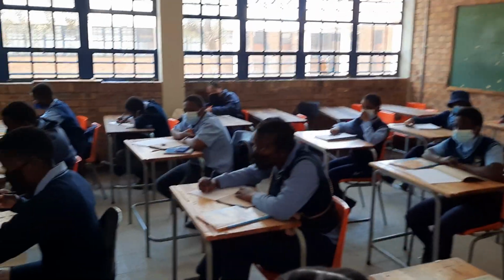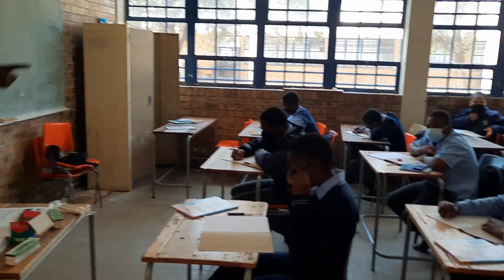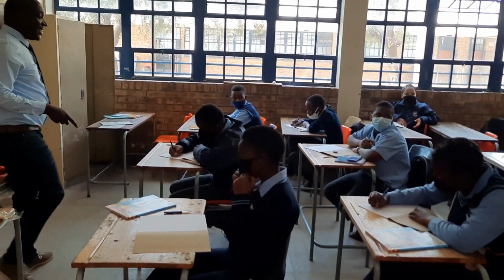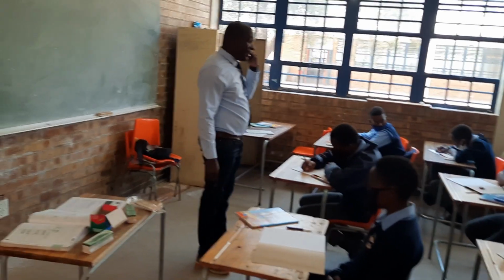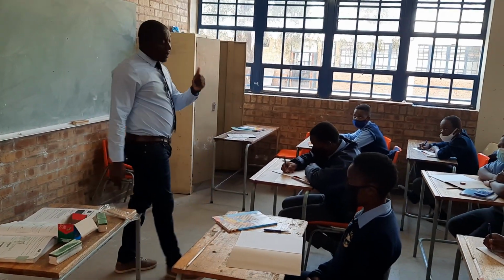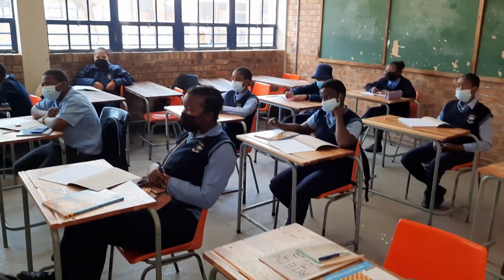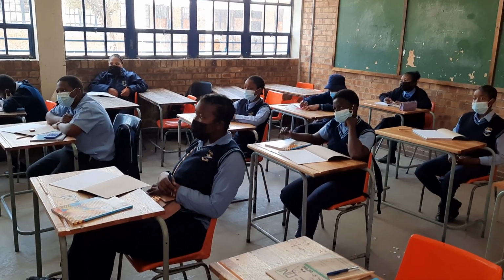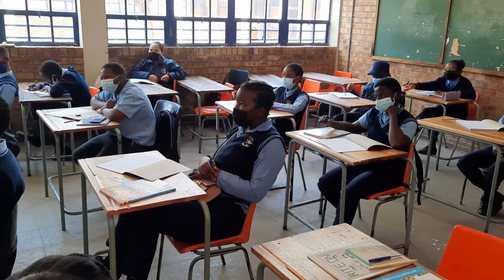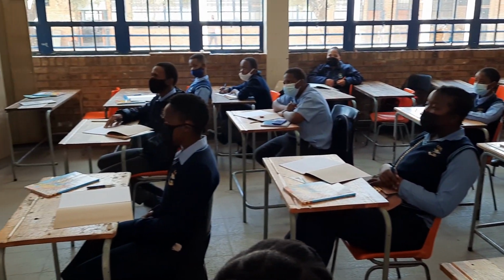So what is an algebraic expression and an algebraic equation? Does anyone remember? Yes, Princess. An algebraic expression does not have an equal sign. While the equation has an equal sign. So that means an equation equates two expressions, the right side and the left side.